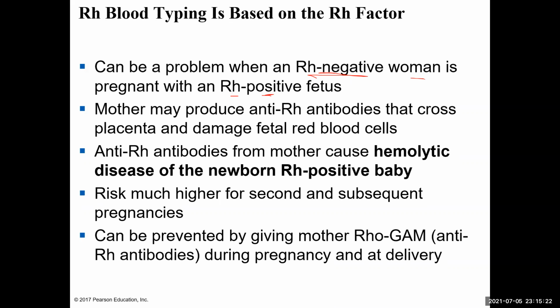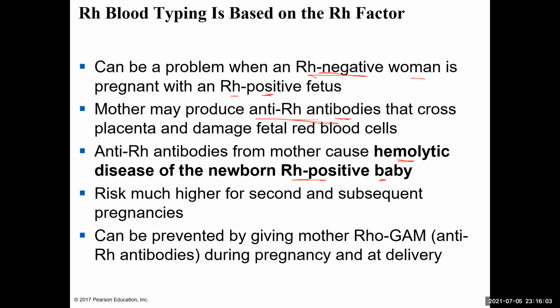What can happen is that the mother could produce antibodies against the Rh as the Rh positive blood from the fetus transfers through the umbilical cord, through the placenta, and into the mother's blood, causing the mother's blood to produce those antibodies. And then the antibodies from the mother can affect the Rh positive blood from the baby, causing a hemolytic disease.